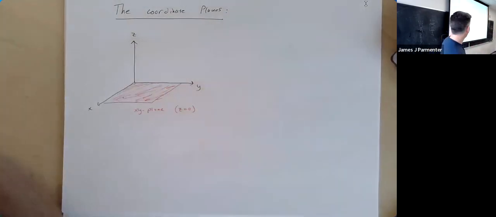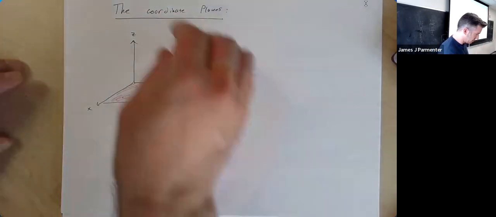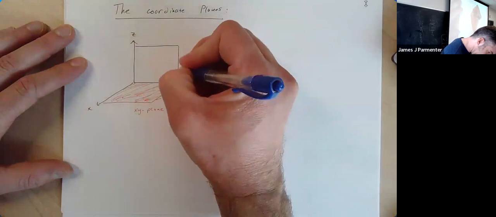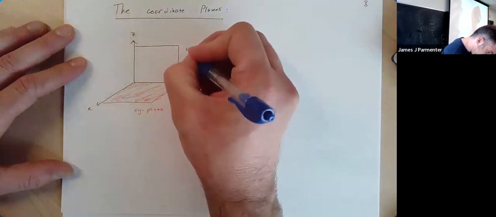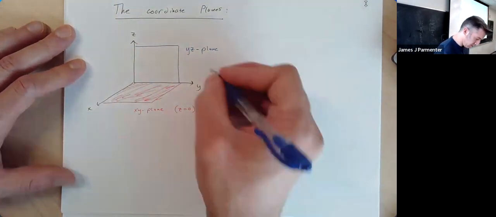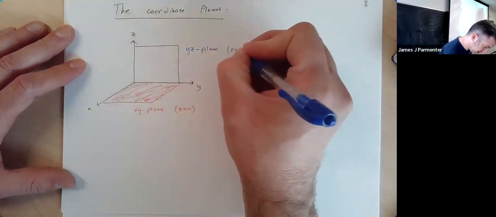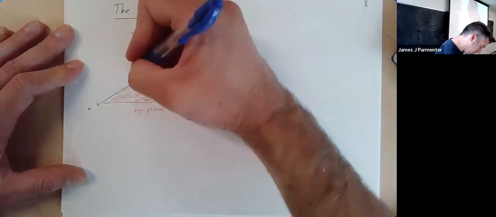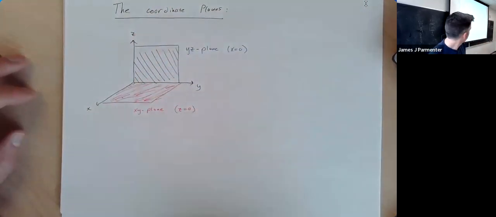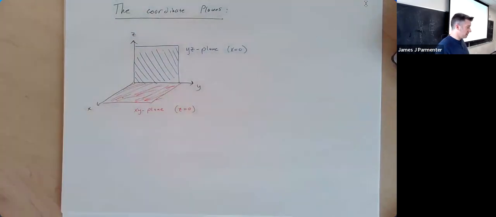Similarly, in other coordinate planes, you have the same kind of thing happening. Back here in the YZ plane, you haven't moved forward or backwards. So in the YZ plane, x is equal to 0. It's very similar to 2 dimensions, where we have axes.